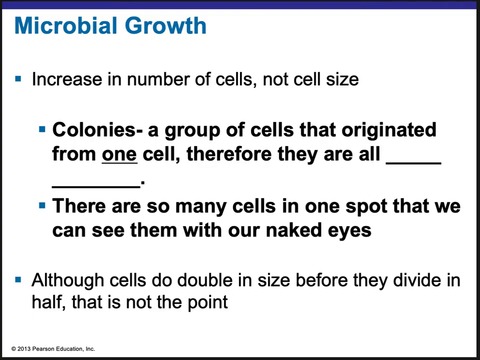Okay, so microbial growth, as you recall from previous labs and lectures, is an increase in the number of cells. It is not referring to the size of the cells. So although it's true that cells do double in size, this is very insignificant. Looking at an individual cell doubling in size right before it divides in half is insignificant, especially when you think of this in light of multicellular organisms like animals and plants, which exponentially increase in their overall size.